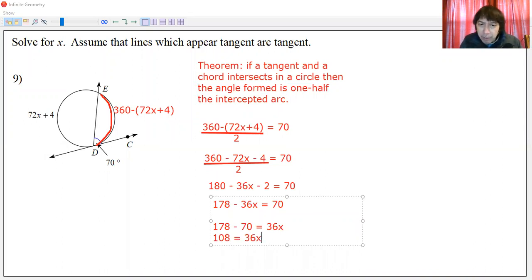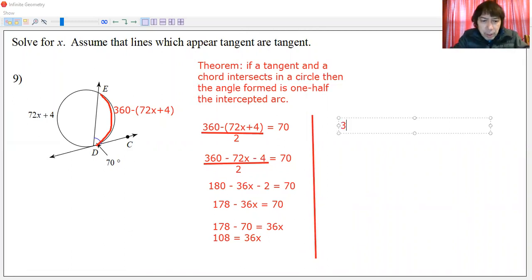Dividing both sides by 36. We will divide both sides by 36. So this is 108. We shall do the solution on the right side of the screen. We shall continue there. We can write 36x is equal to 108 there.